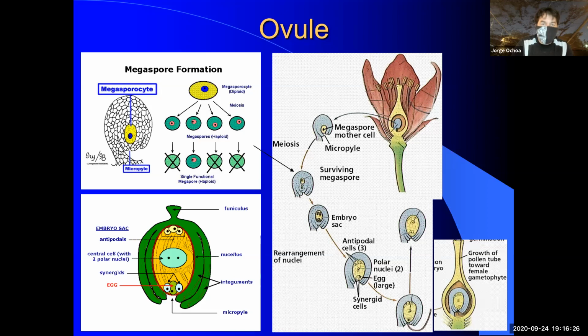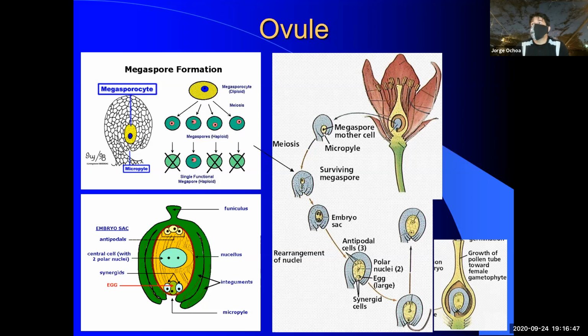But the important thing is that when the process has occurred and the spore turns into an egg, the egg is going to wait for the pollen. The egg is going to be right here, and that's the entry for the pollen to occur.